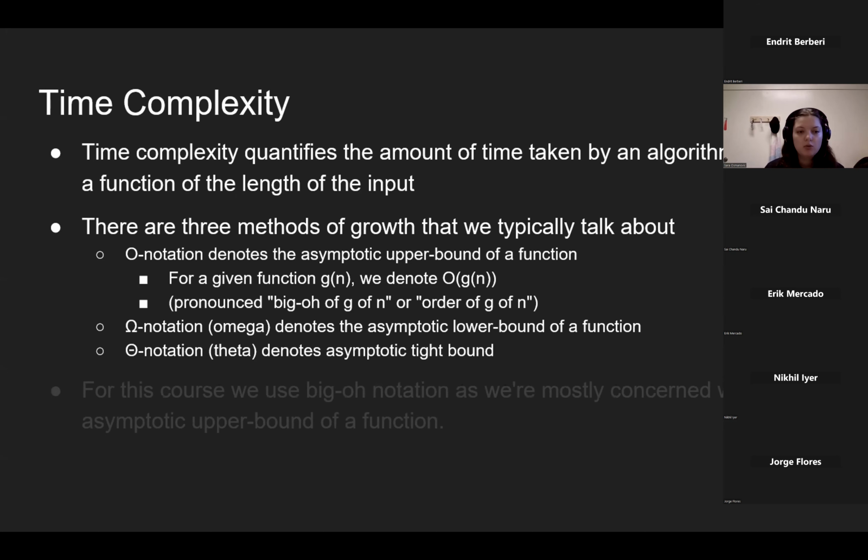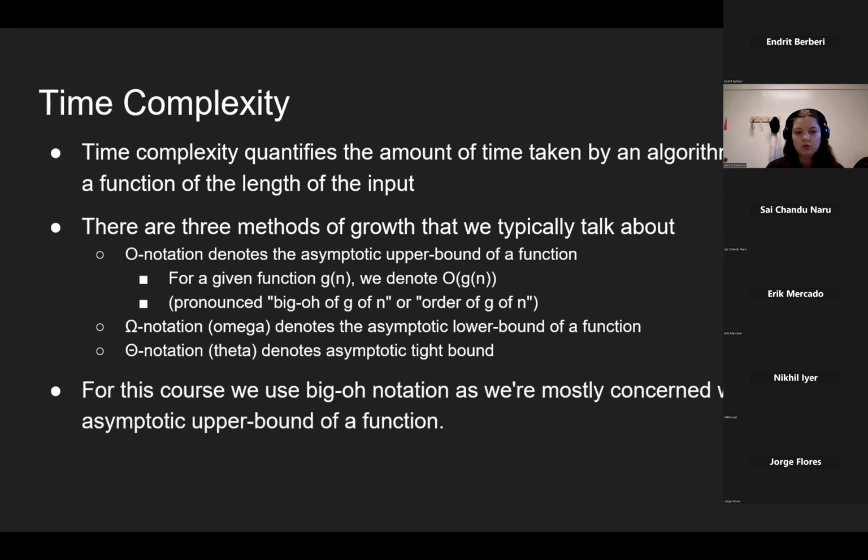The reason we don't actually use the omega notation is, for example, let's say an algorithm has three nested for loops, and they all execute n times. The big O notation of that will be n cubed because the innermost loop is what actually executes the code, and it's run n cubed times.